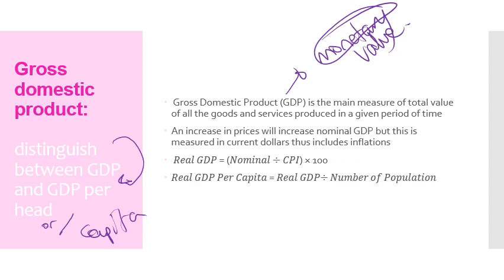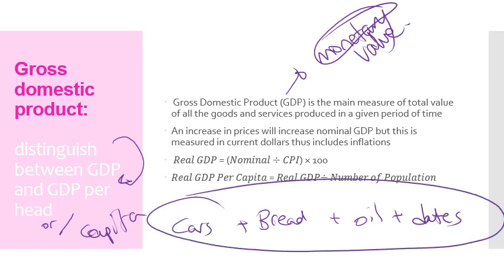If the country is producing, for example, bread, oil, dates, cars, all of these are called their output. I cannot add them all together.